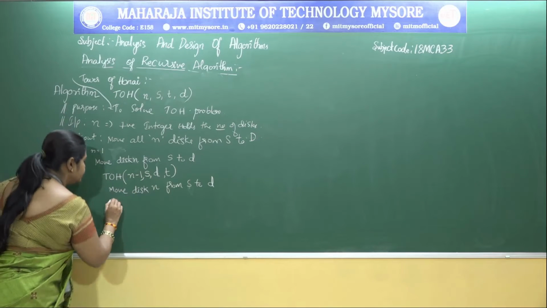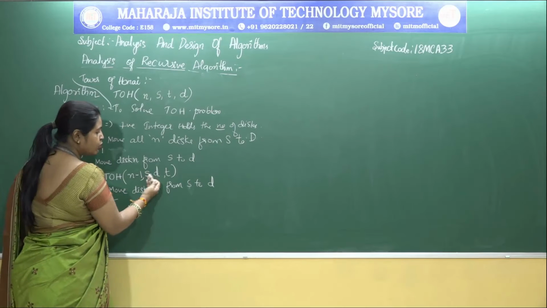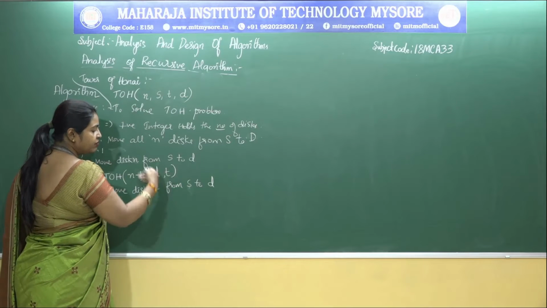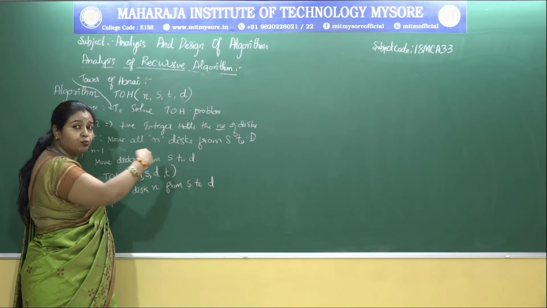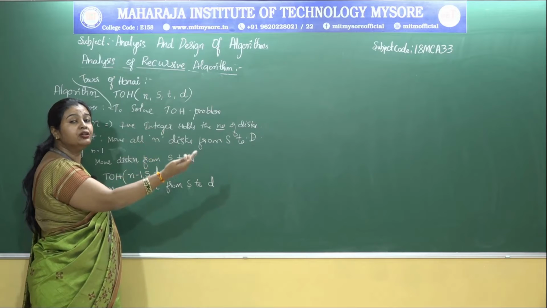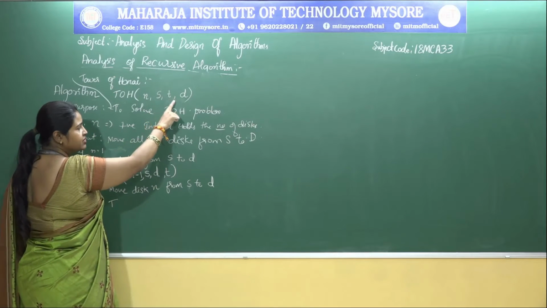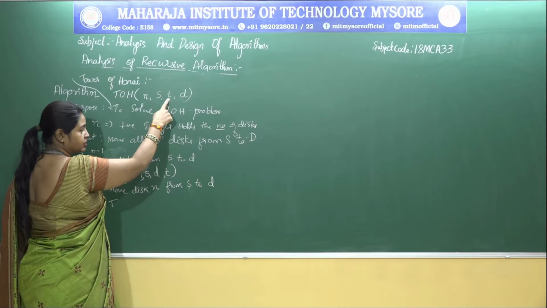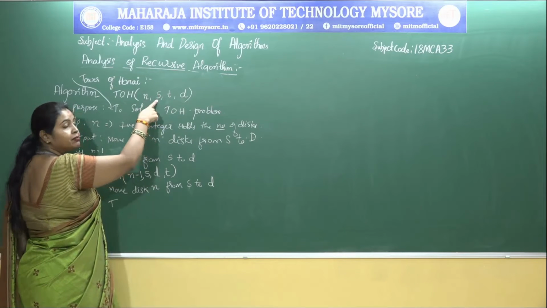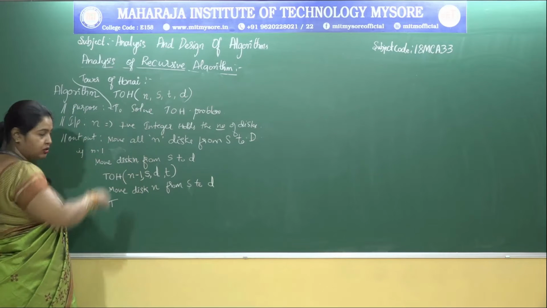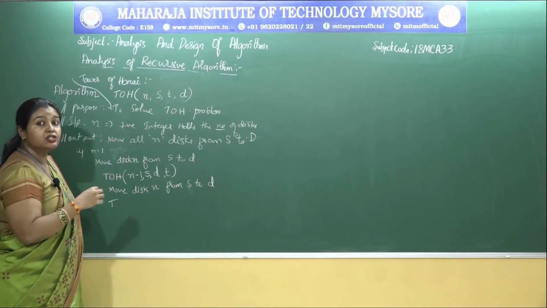Okay. And next, from source to temporary we have moved. Now we need to move from temporary to destination. Now temporary to destination means your source will become temporary and temporary will become destination. Okay. Temporary will become the source.